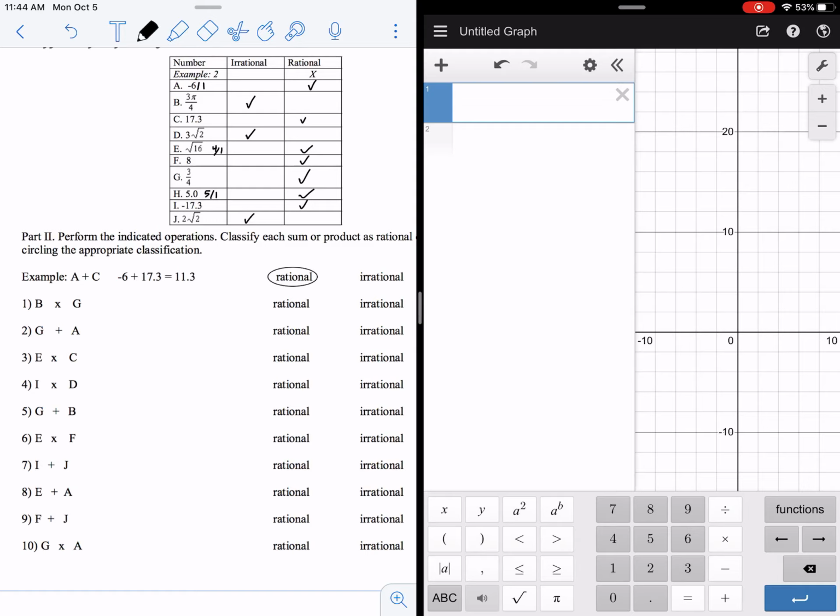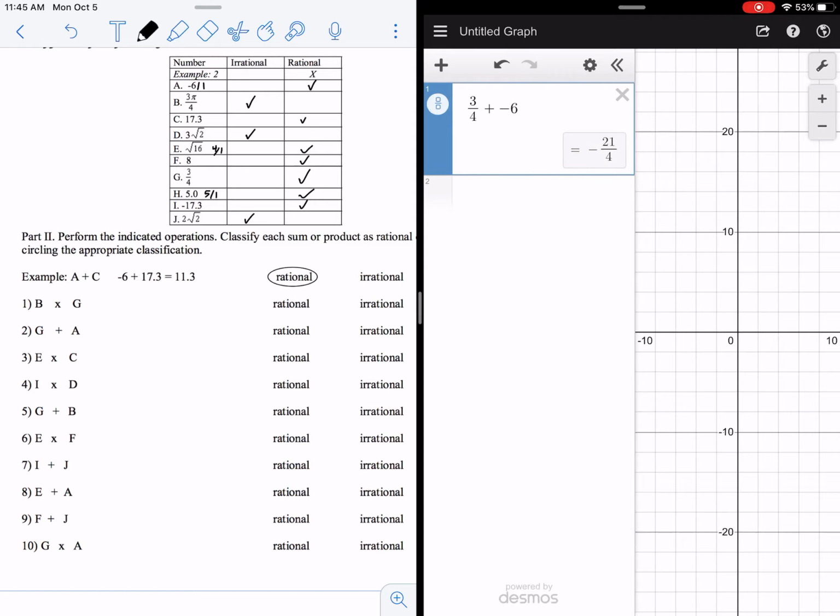So for G plus A, what I'm going to do is type in G, which is 3 over 4, plus, and then A was -6. I get -5.25. I have the ability to turn it into a fraction. So therefore it is rational.